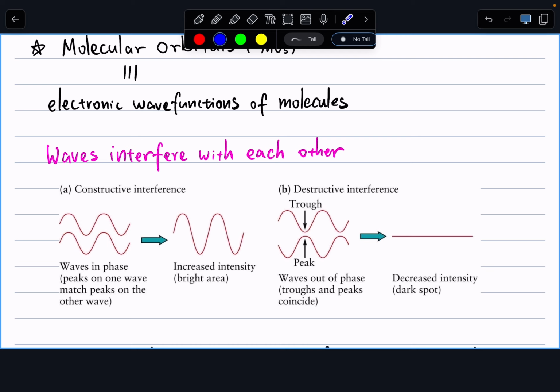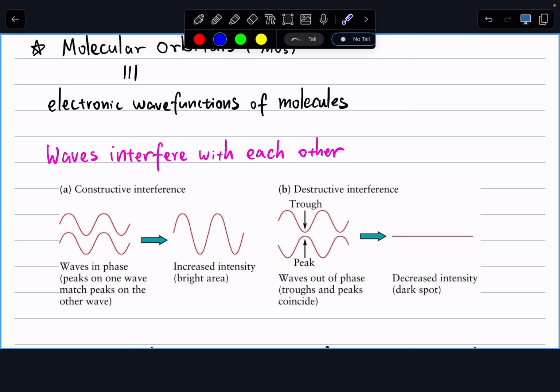This is pretty straightforward to understand. If you imagine these sine wave functions, when your peak meets the peak, you end up with bigger waves. But when your peak meets the trough, you end up with a diminished wave. So depending on how you add them, you can have a constructive versus destructive interaction between your wave functions.